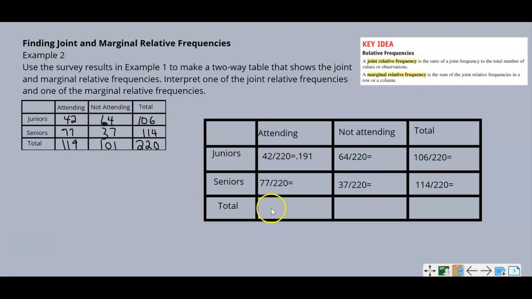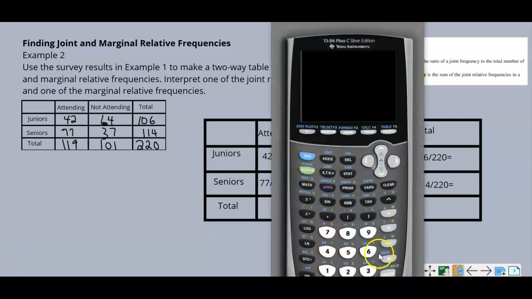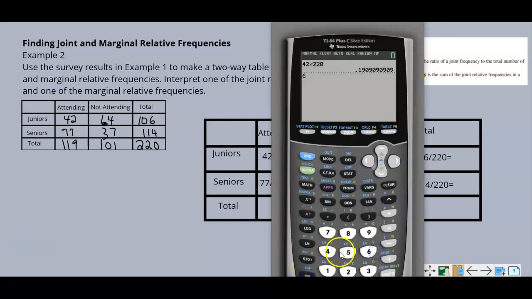All right, so I've paused the video and typed these in here so they're easier to read. But 42 divided by 220, we said, was 19.1%. That is 0.191. It's about that. I can't write the approximate symbol in here, so it's going to say equal to, but just know that this has been rounded. So that's equivalent to 19.1%. Now we have to do 64 divided by 220.